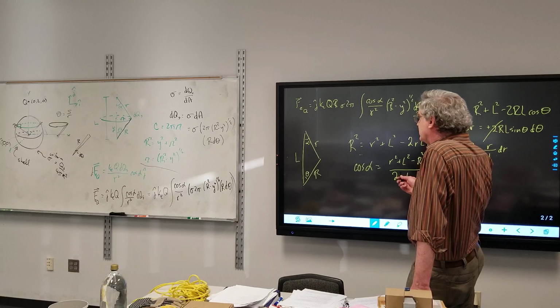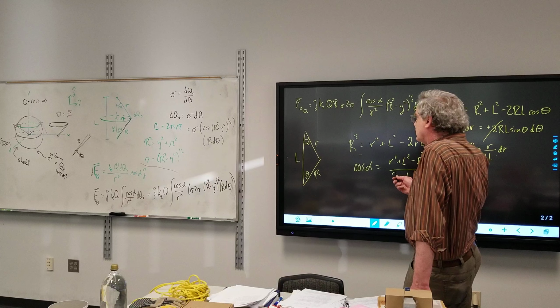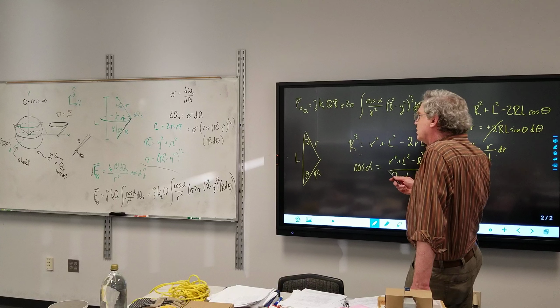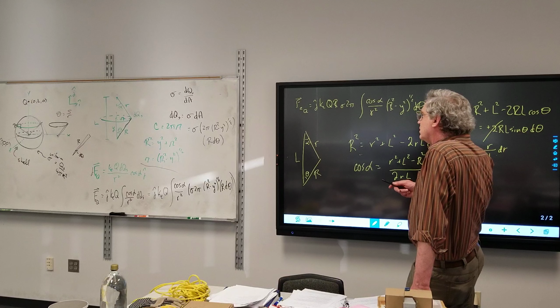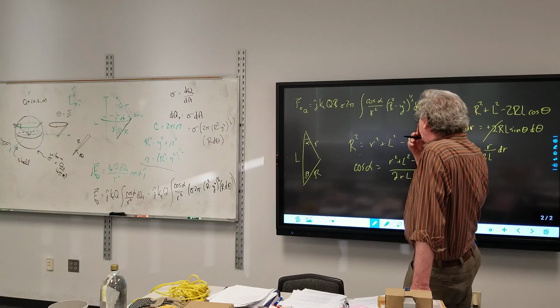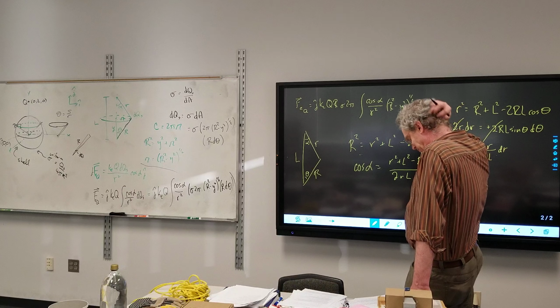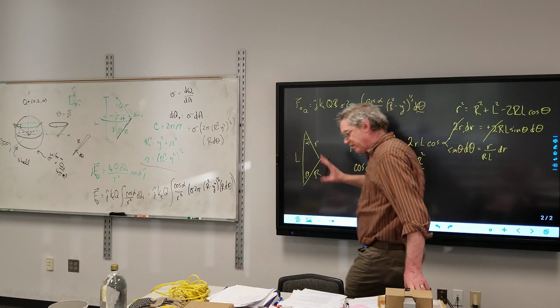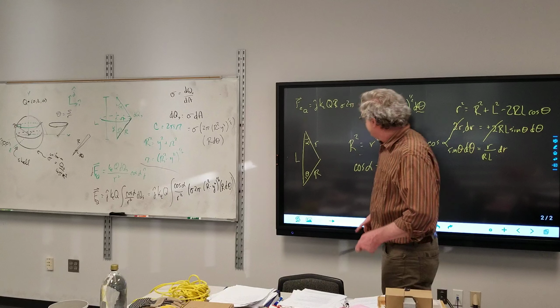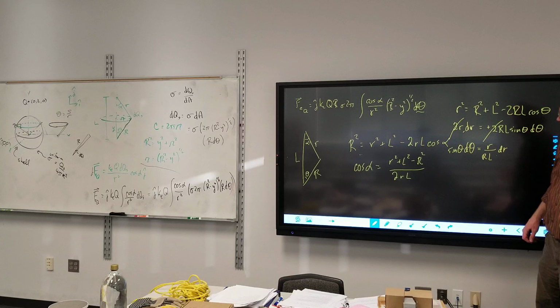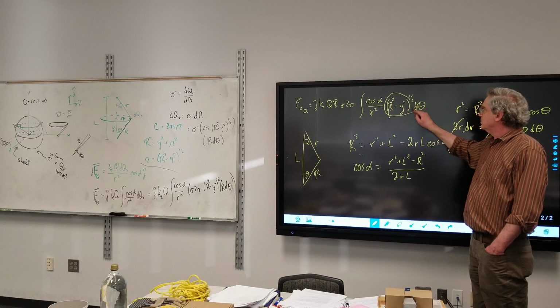Cosine alpha, I have... Oh, okay. I haven't, there's nothing wrong here, I just took an extra step I didn't have to. The extra step is this piece right here.